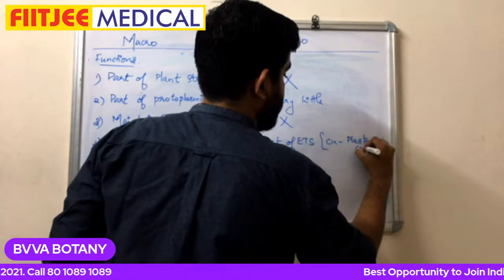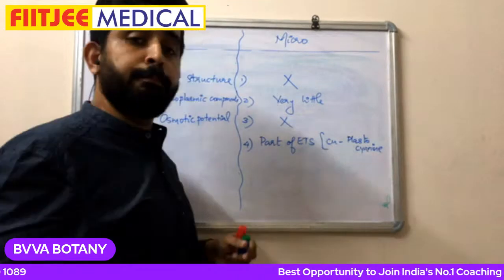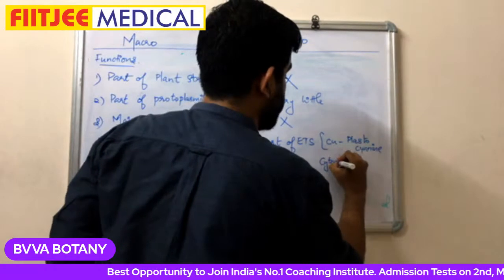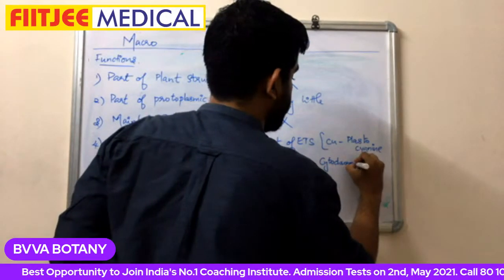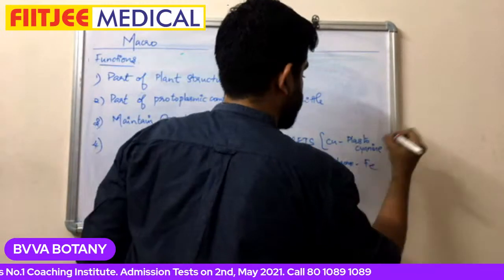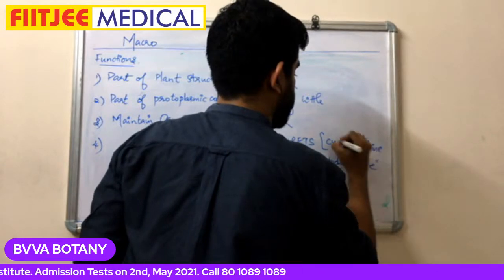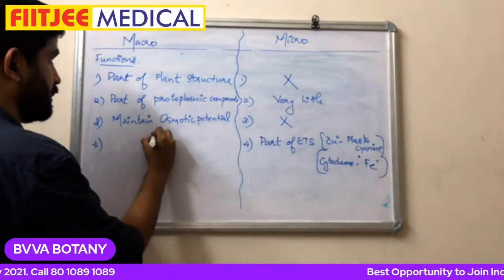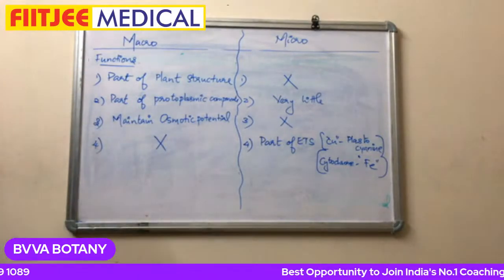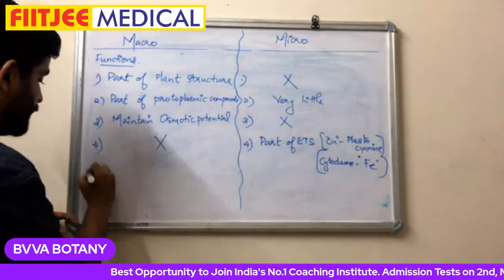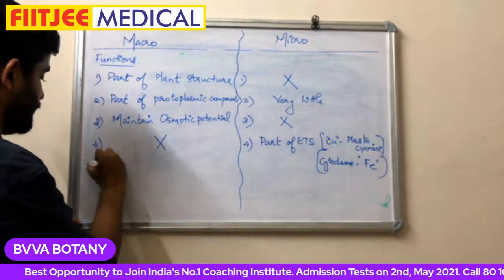That is why it is blue in color. That is why we call it the blue protein. And cytochrome has iron. These are the two examples. Whereas macronutrients are not going to be part of that. Very important point, so you can mark it as an important point.